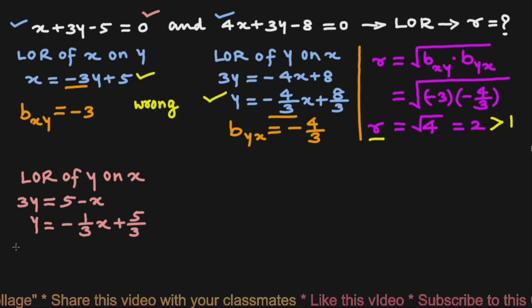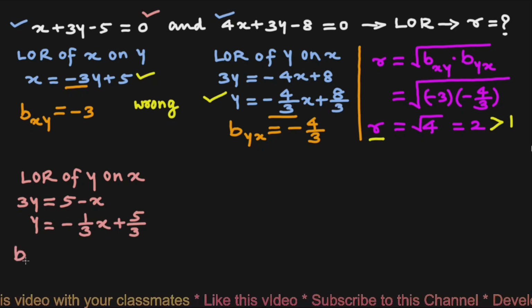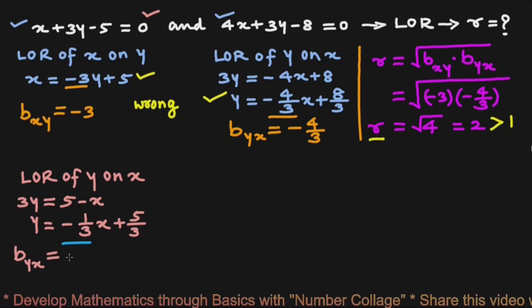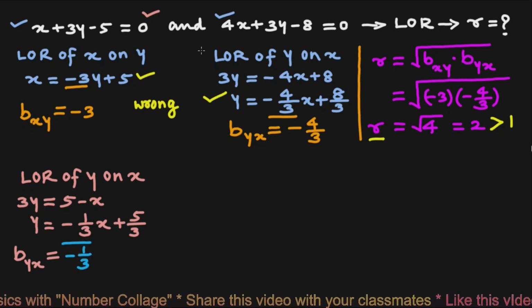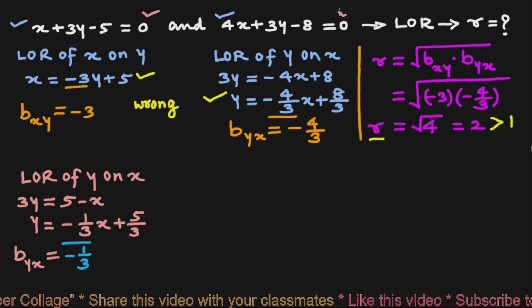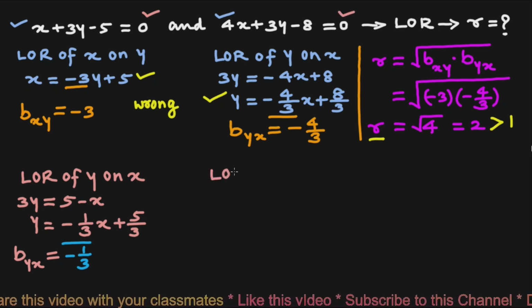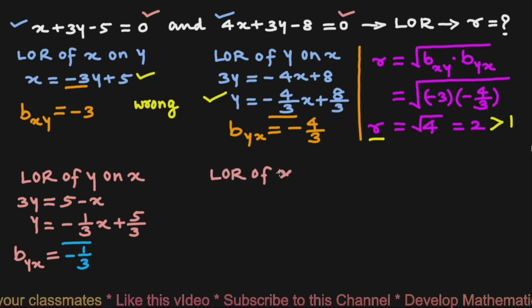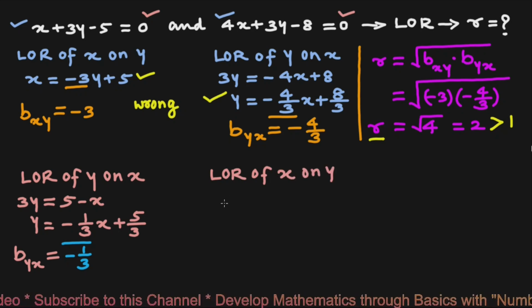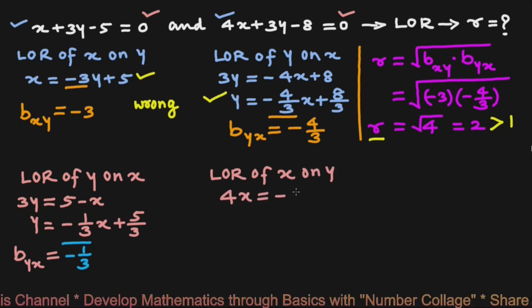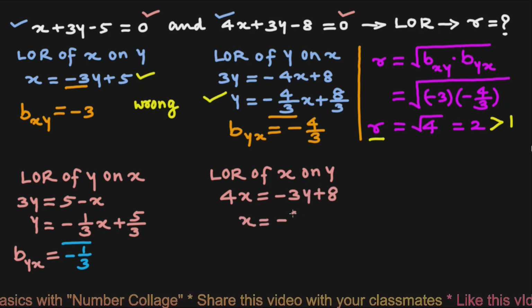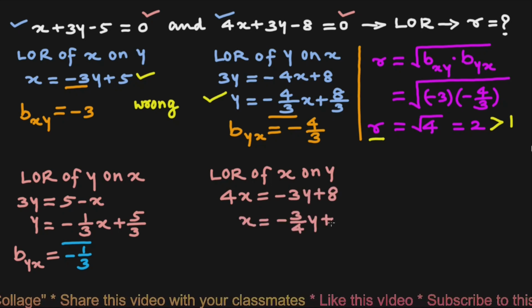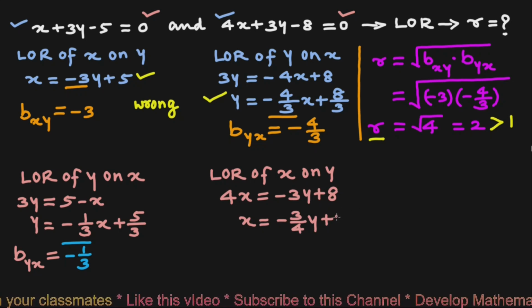Here the coefficient of regression byx will be this minus 1 upon 3, and we will consider this second line to be the line of regression of x on y, which can be written as 4x equals minus 3y plus 8, x equals minus 3 by 4 y plus 8 by 4, that is 2.